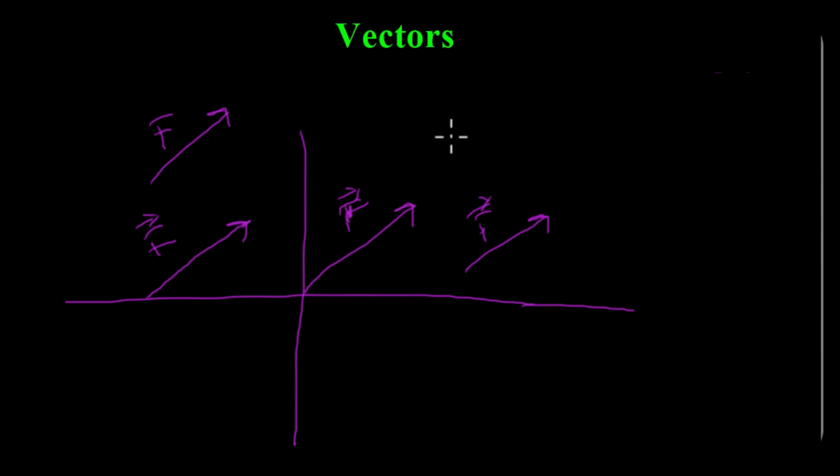Now, one other thing to note: if I have two vectors, so let's say I have vector A like this, and I have vector B also with the same magnitude, that is, the length is the same and also the same direction, I can end up saying vector A and B are equal vectors.